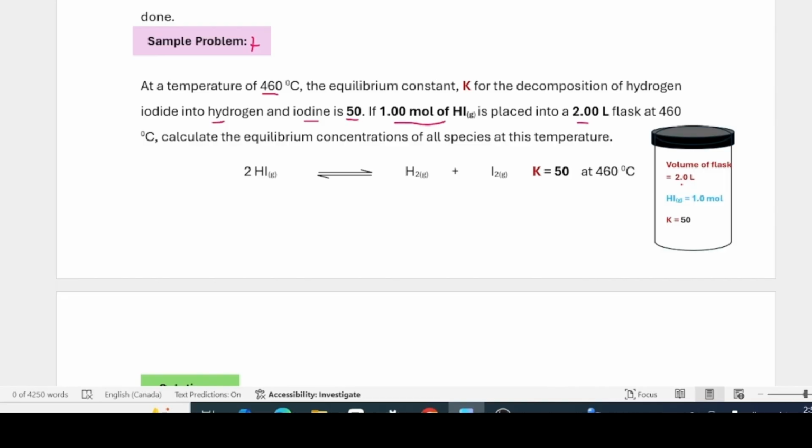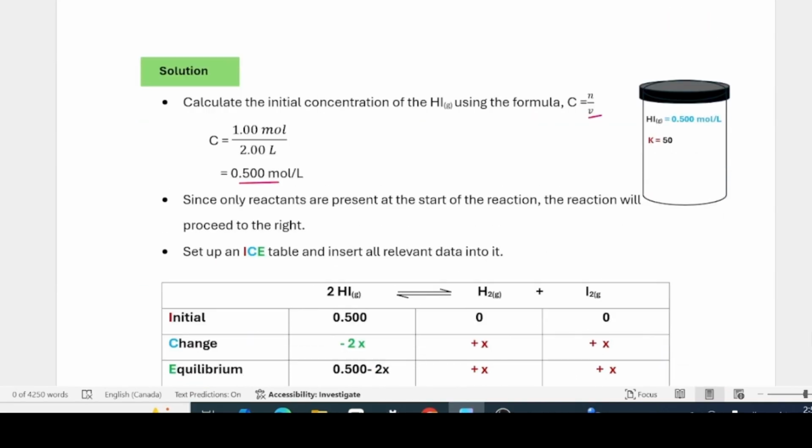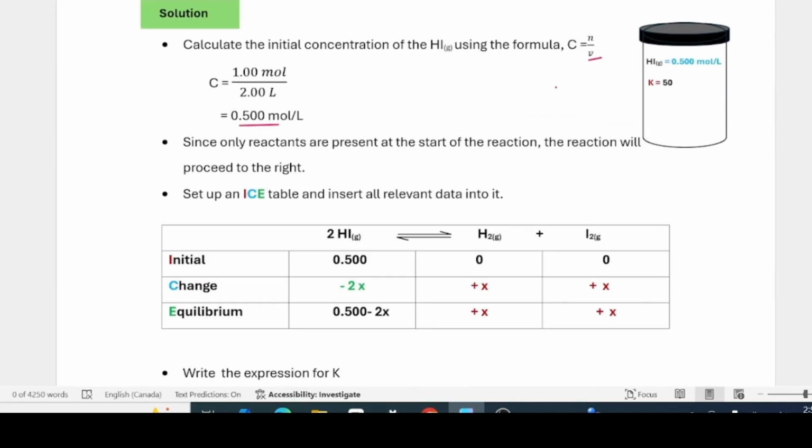So you're given the volume, the number of moles, and the equilibrium constant. Solution. First thing you do is to find the concentration of the hydrogen iodide by using that formula there. And it turns out to be equal to 0.5 mole per liter.